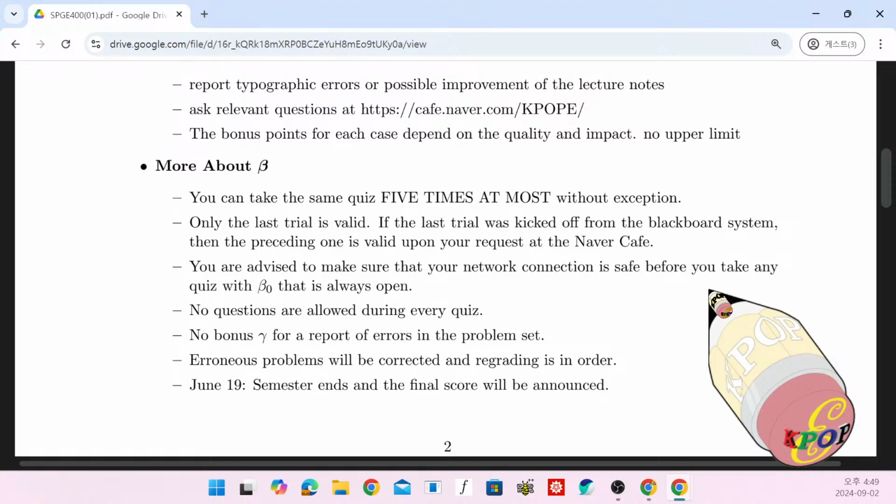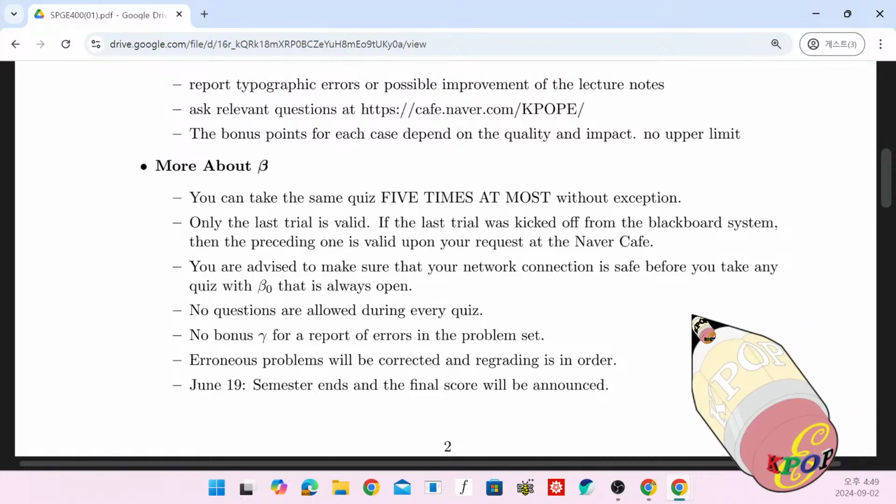So try to finish the test only a single time, or twice at most. Then even if you are kicked off, you will be safe to complete the session. Among the 5 chances, only the last one will be valid. So the maximum value is not the official record. The final one will be the official record for each beta test.